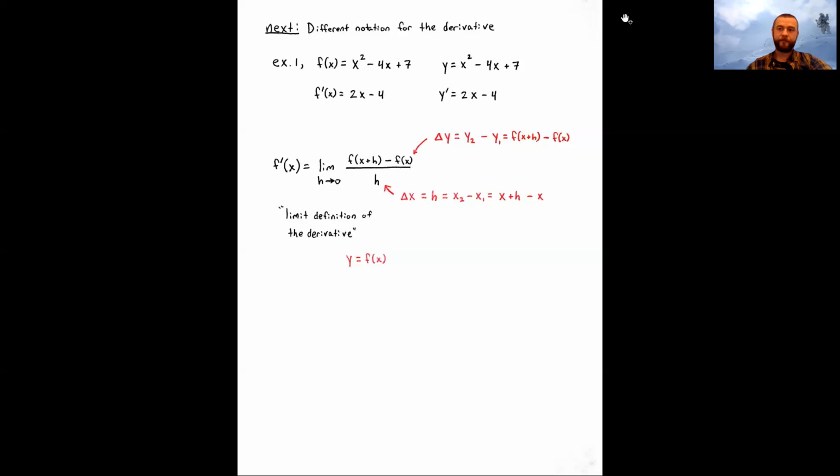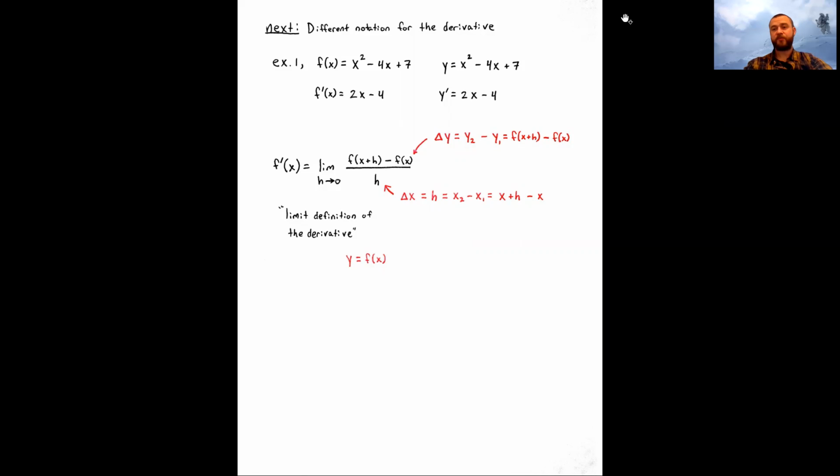The denominator is delta x. Recall, slope is change in y over change in x values. Our denominator then is just delta x. So delta x is h, x2 minus x1, and x2 would be x plus h, x1 is just x.